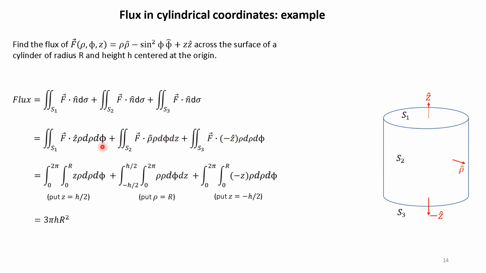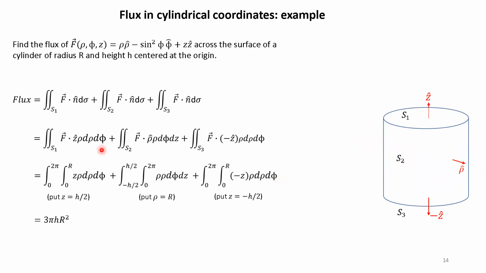So here I need to take care of the integration limits. The radius of this cylinder is r, so whenever you have the integration for d rho, it goes from 0 to r. And then I consider the whole thing, so you need to go the full circle.